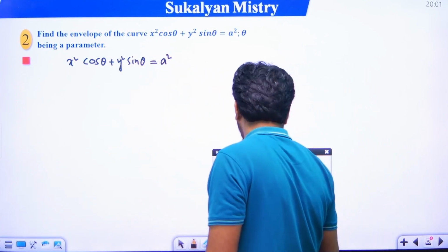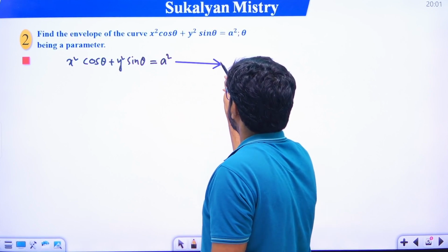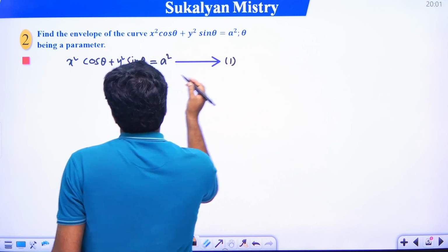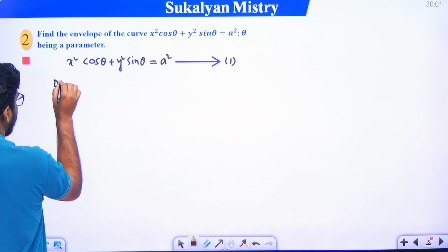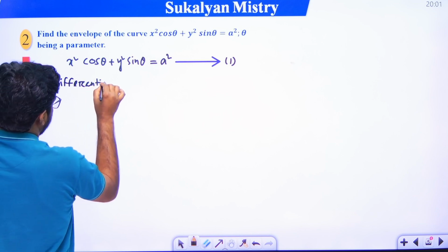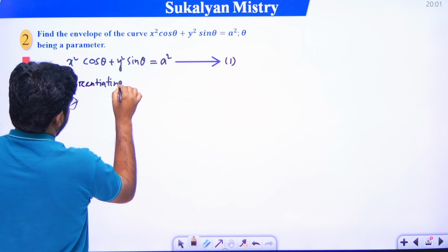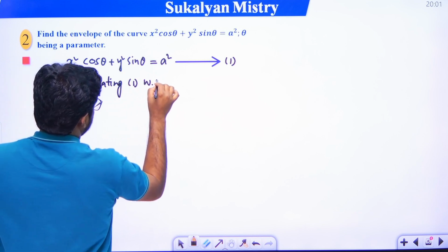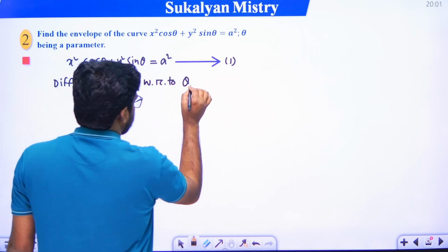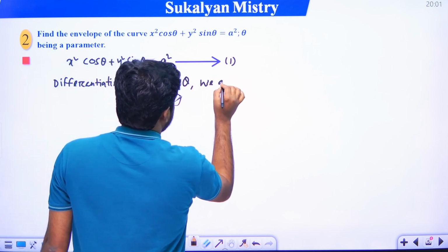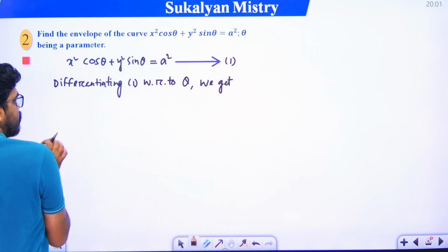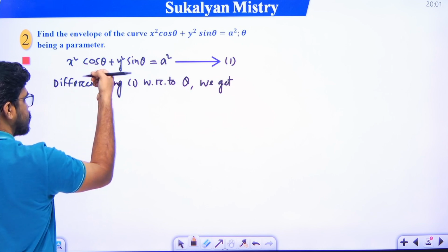Differentiating 1 with respect to theta, because theta is a parameter, cos theta differentiate, that is minus sin theta.